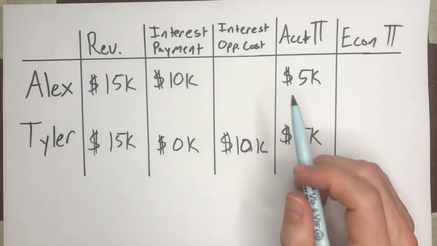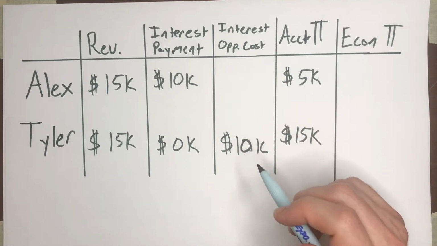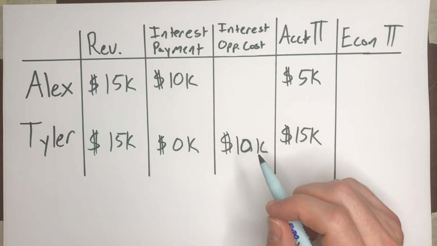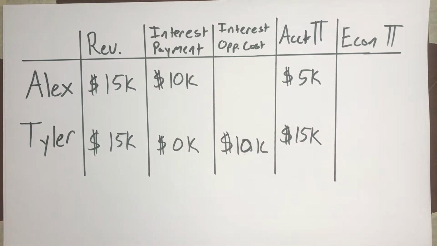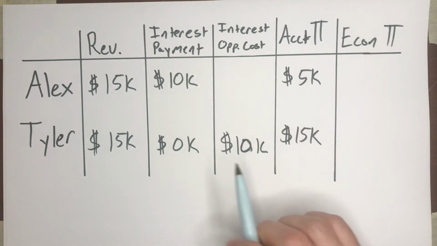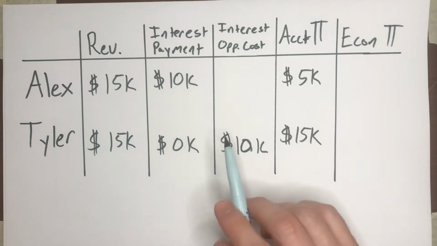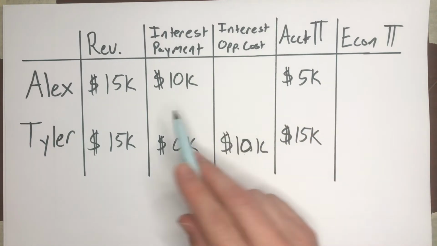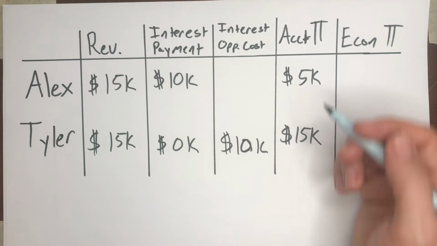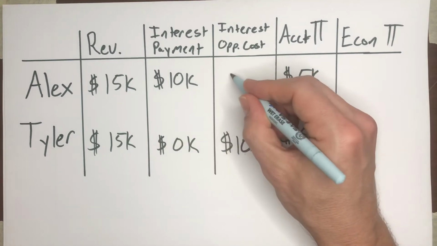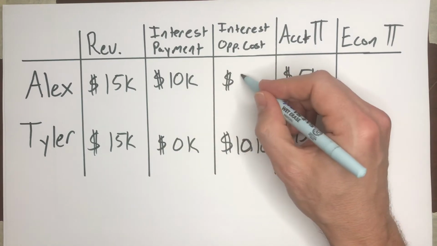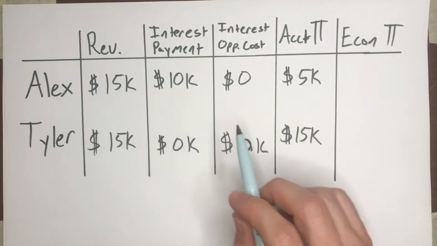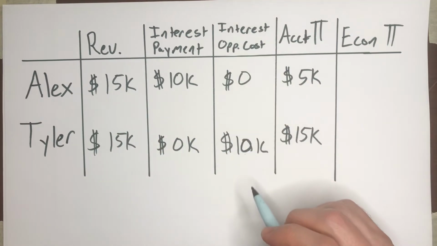Okay, so Tyler's opportunity cost is the $10,000 in income he gave up. Thus, once we take into account all costs, including opportunity costs, Alex and Tyler's drilling operations are equally profitable. Alex does not have that interest opportunity cost. He had to borrow that money. He didn't have the money to loan out.